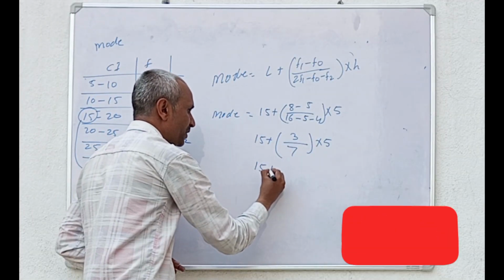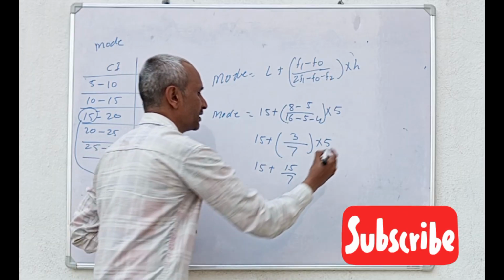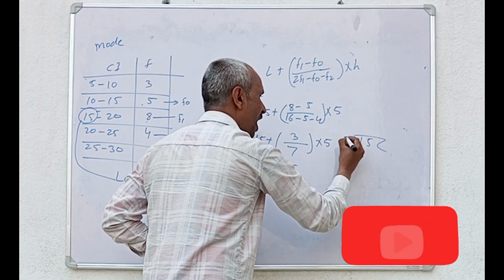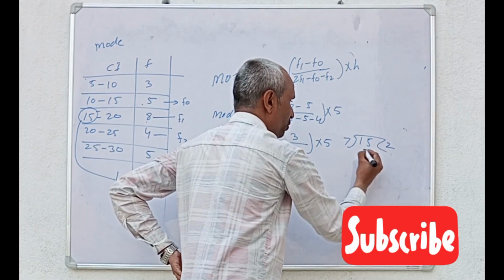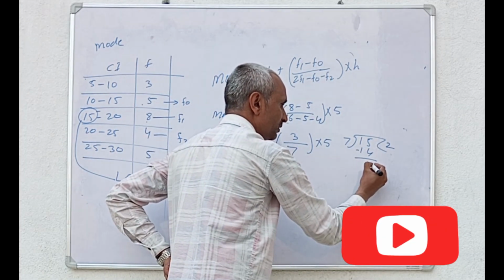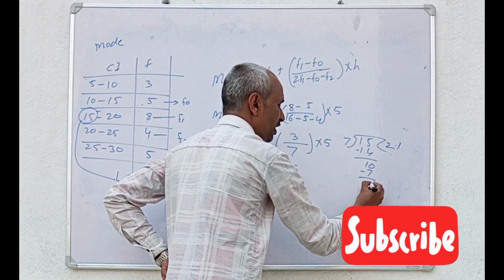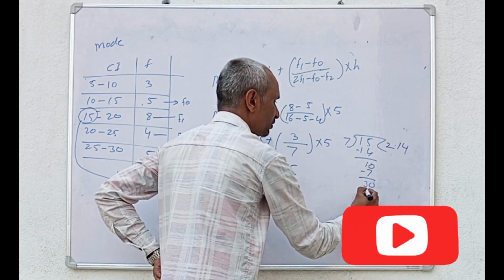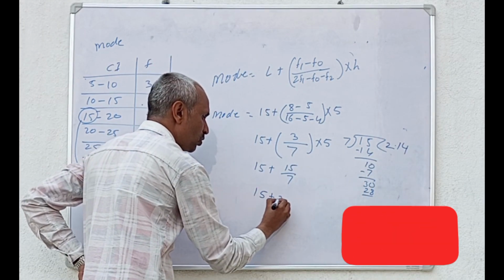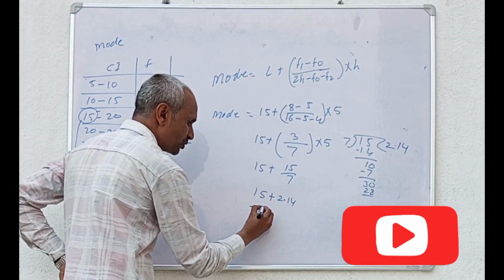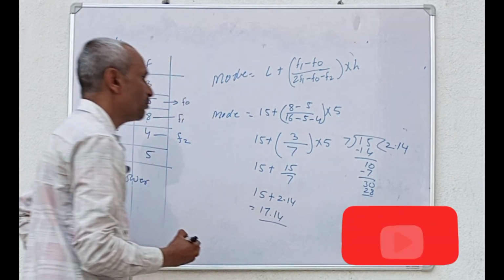So this will become 15 plus 5 threes are 15, divided by 7. 15 divided by 7 up to 2 digits after the decimal: 7 twos are 14, 1 remains, put the decimal, 0, 10, 7 ones are 7, 3, 30, 7 fours are 28. That much is enough. So we got 15 plus 2.14. So 15 plus 2 is equal to 17.14 approximately, and that is the mode of this given data.